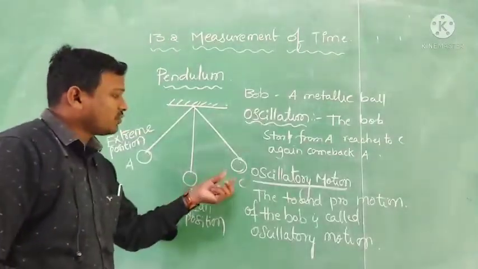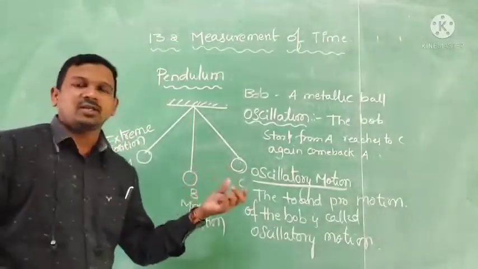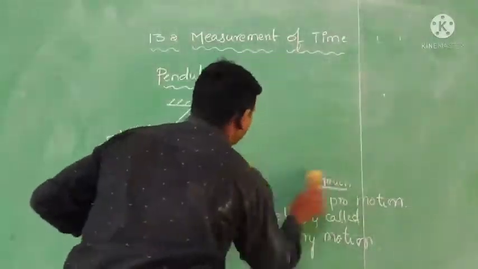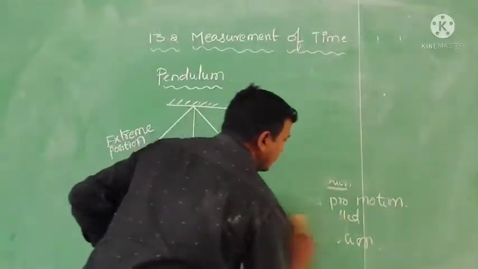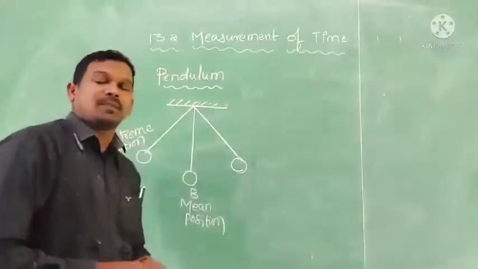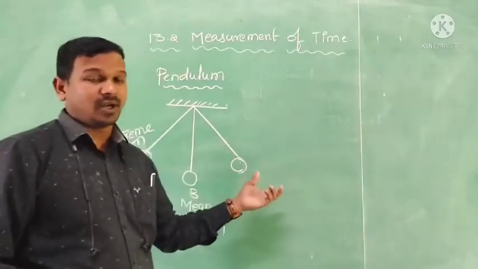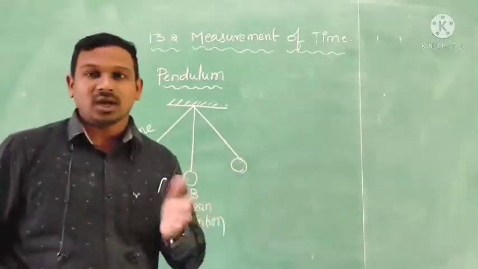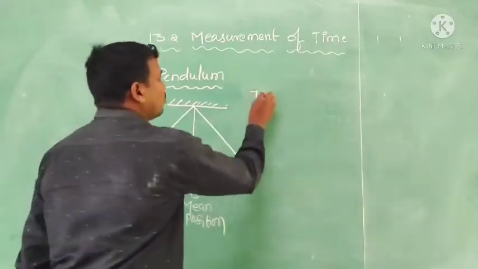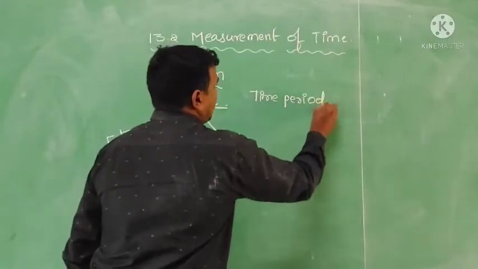Now, one more thing we need to discuss: what is the time period in the case of a pendulum? As per Galileo Galilei, heartbeats and the time taken by the pendulum to complete periodic oscillations are comparable. Now I am writing one more definition: time period.